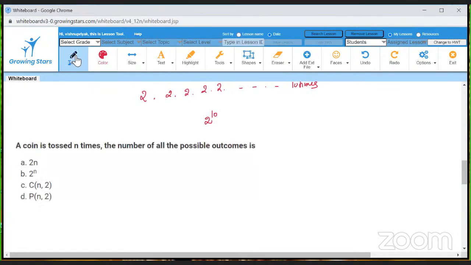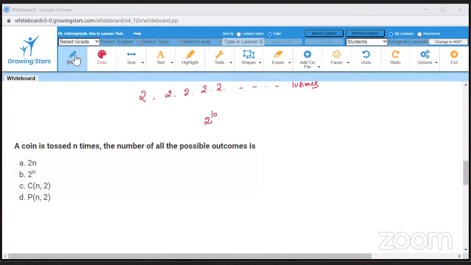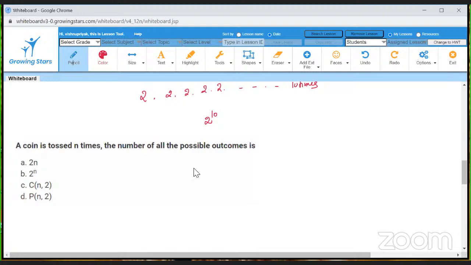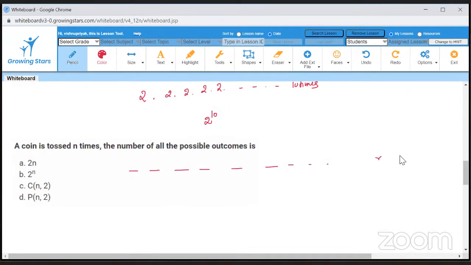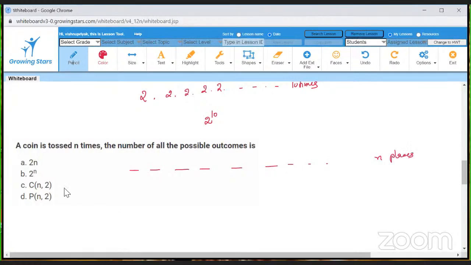A coin is tossed n times. The number of all possible outcomes. Same way, we are tossing n times, so n places are there. When you toss the coin, there are only 2 possibilities, head or tail.